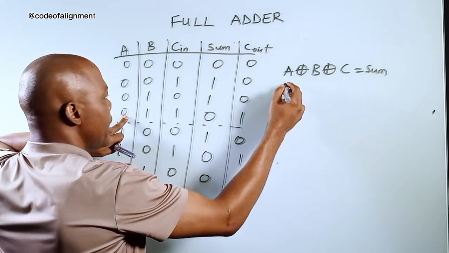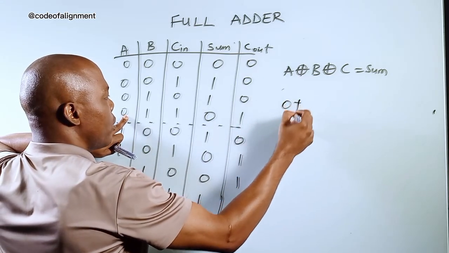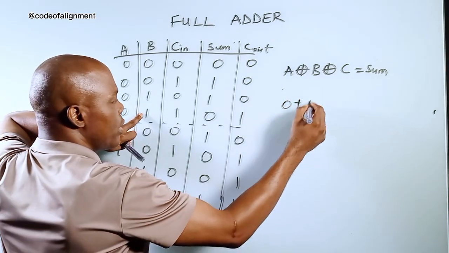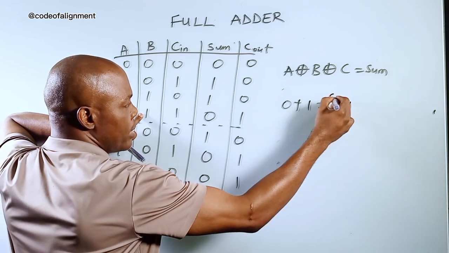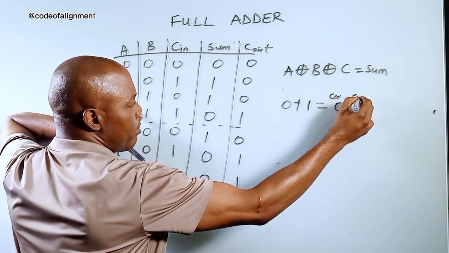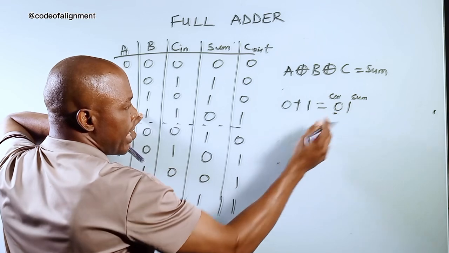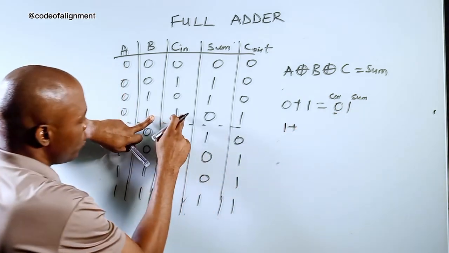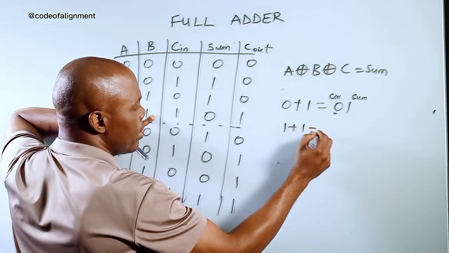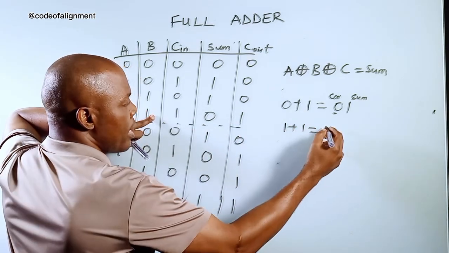If A is 0, 0 plus B, which is 1, equals to what? 1. Carry is 0, right? So this is carry and this is sum. So hold this carry, bring this sum, which is what? 1. 1 plus 1, which is this C, will give you what? 2. And that is what?